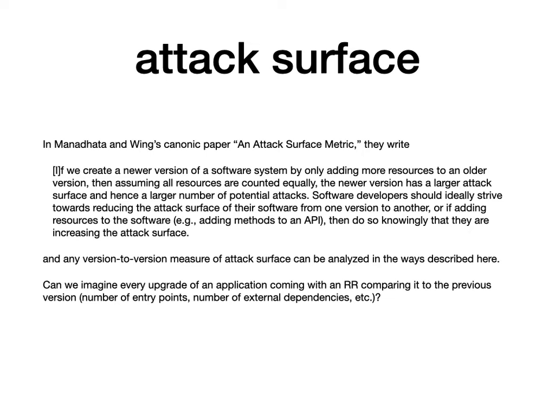Any version-to-version measure of attack surface in a body of code can be analyzed in the ways that we are describing above. Because if attack surface goes up, what you're saying is that risk is going up. And we can go back and work this into the kind of arithmetic that I've already showed you. Could we imagine that every upgrade of an application came with a relative risk comparing it to the previous version?